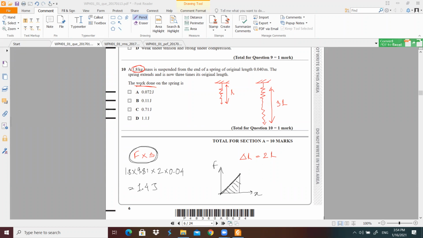The moment they see work done, they directly jump to force times displacement, but you are not dealing with any random work done. You are dealing with the work done on a spring. And when it comes to a spring, work done is always half Fx. So this value has to be divided by 2. So what is the value? 0.7 something, 0.71 joule.